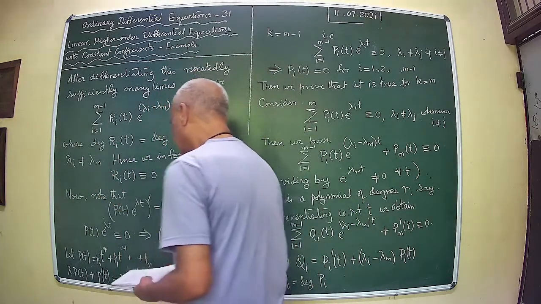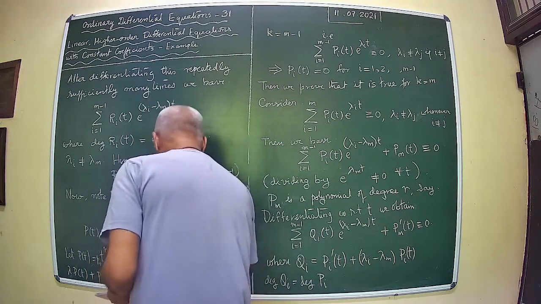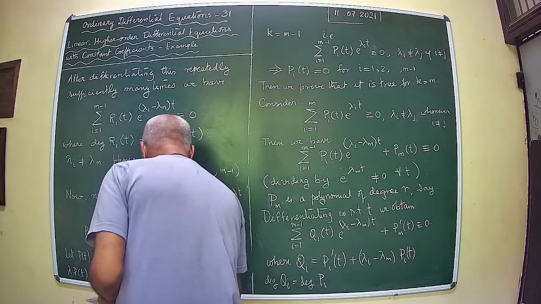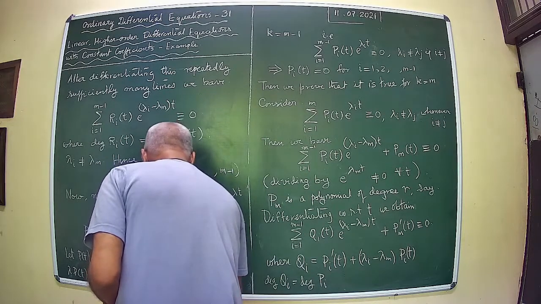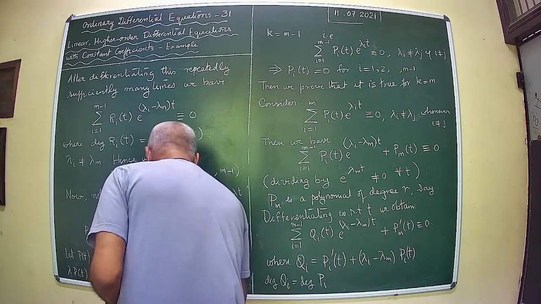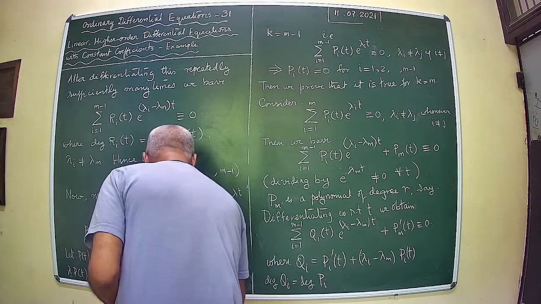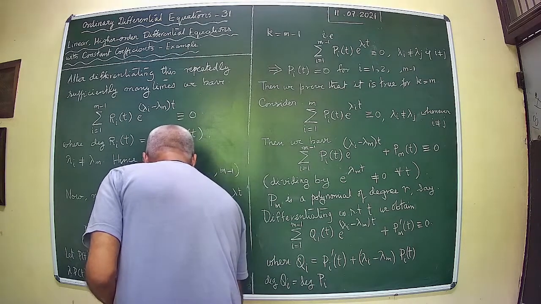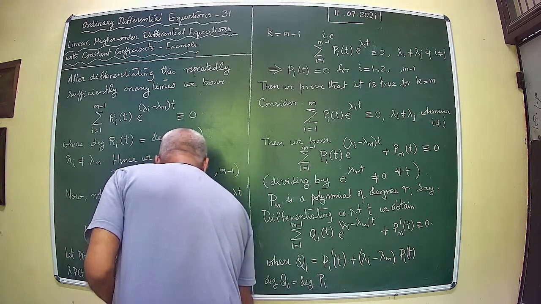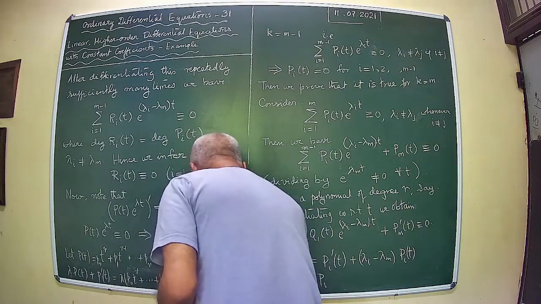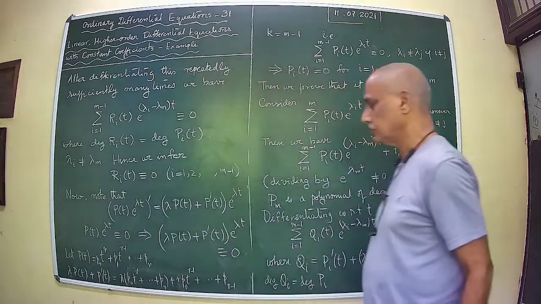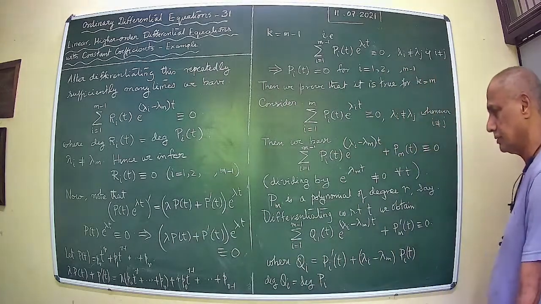This is equal to r p naught t to the power r minus 1 and so on. Okay, so this is what you get. This is this term.